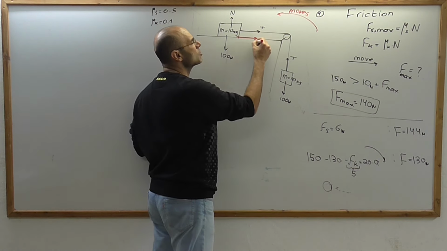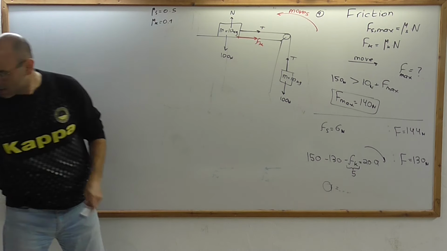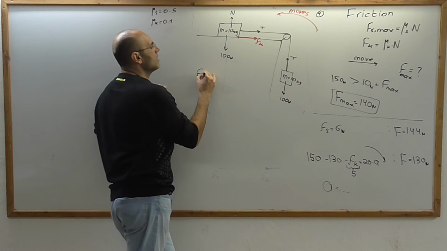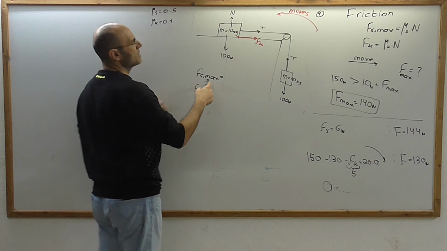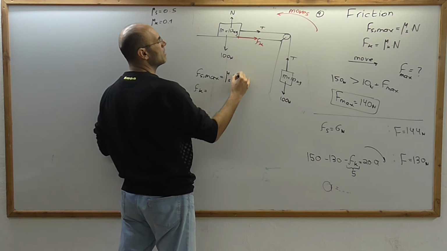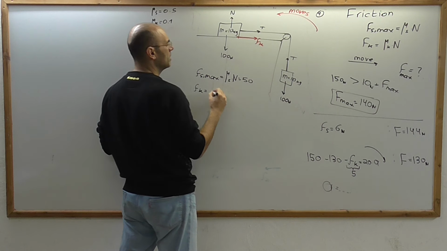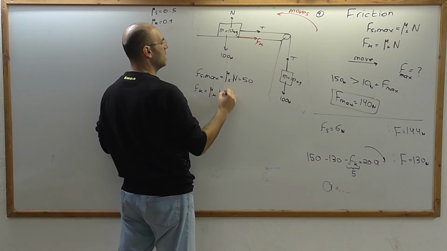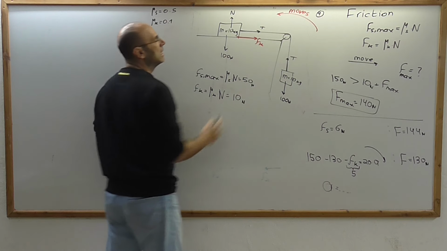Obviously, the friction force will be this way, and it must be kinetic because it moves. Okay, I write F static max. I always write them because I need them later on. F static max is mu static multiplied by N. Mu static is 0.5 multiplied by 100 is 50. Mu kinetic multiplied by N is 0.1 multiplied by 100, which is 10 newtons.